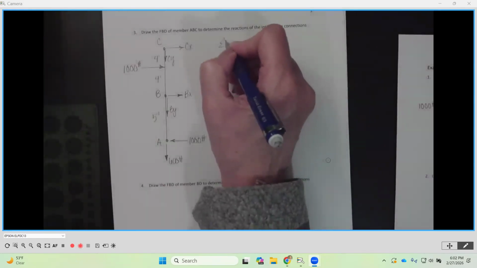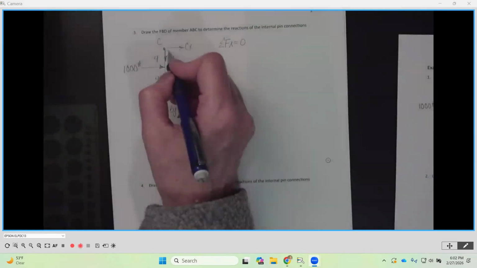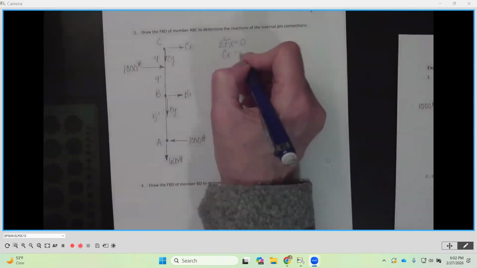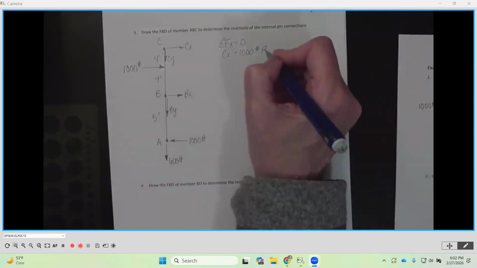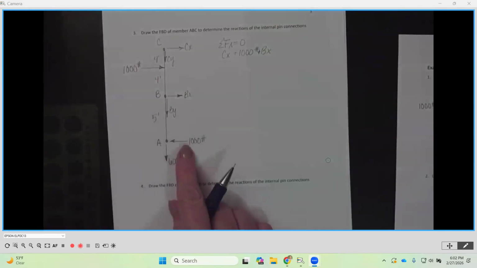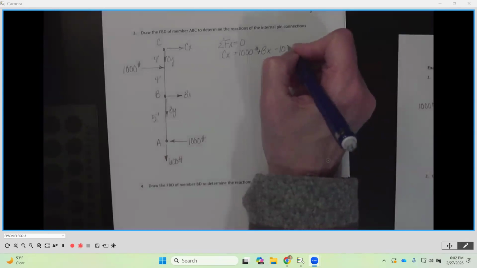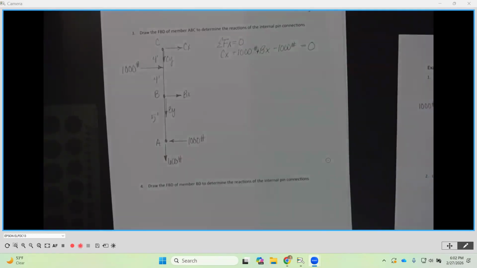So we're going to sum our forces in the x direction equal to 0. We've got a positive Cx, positive 1,000, a positive Bx, and then a negative 1,000. Those are all of our x forces, and we set that equal to 0.